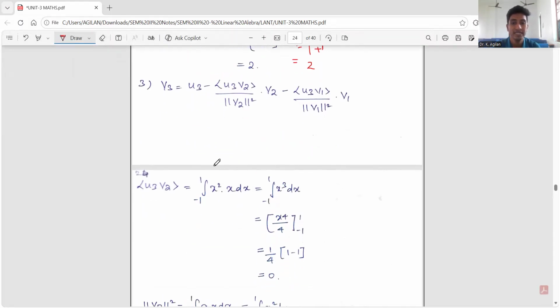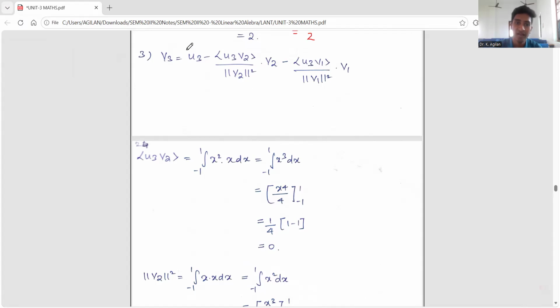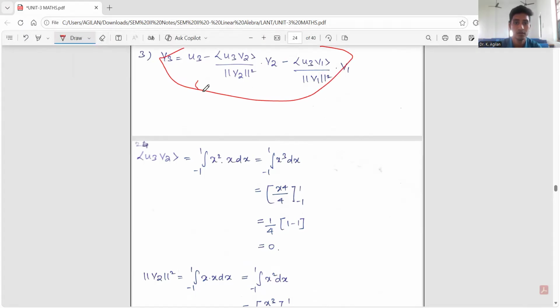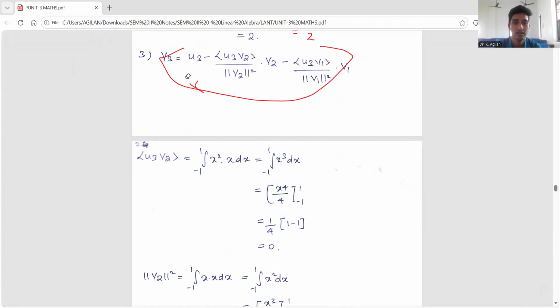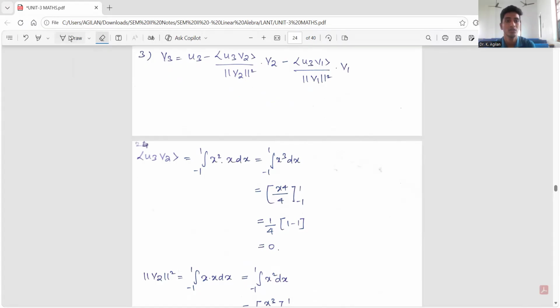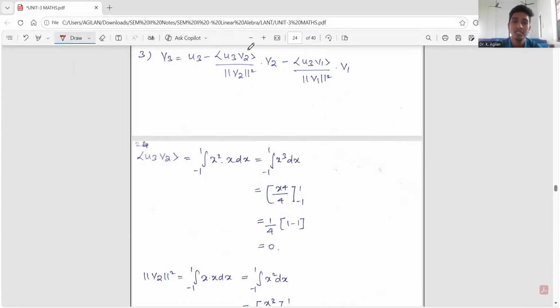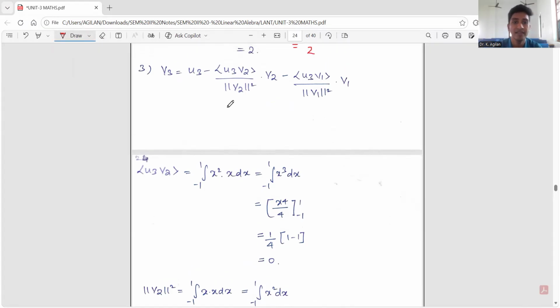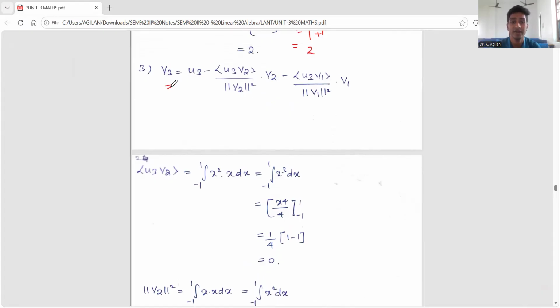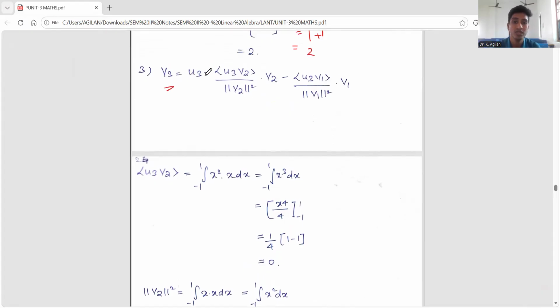Okay, fine. So the next term is V3. We have a formula for this V3. Substitute these parameters in this formula, then we can get the V3 value. What is U3?